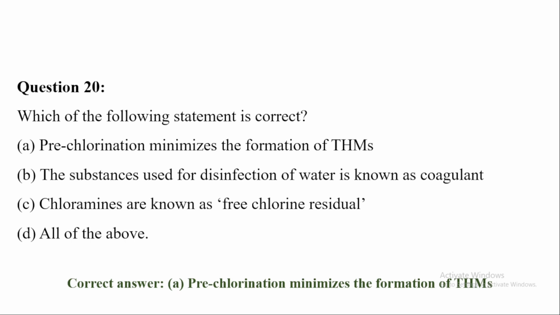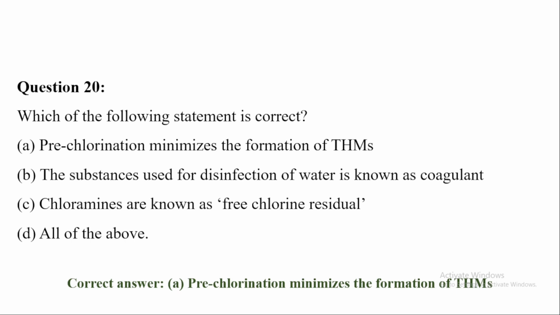Pre-chlorination means chlorination that is done before the filtration of water, and post-chlorination means chlorination done after the filtration of water. So pre-chlorination minimizes the formation of trihalomethanes. Okay. The second statement, the substances used for disinfection of water are known as coagulants, is a false statement.